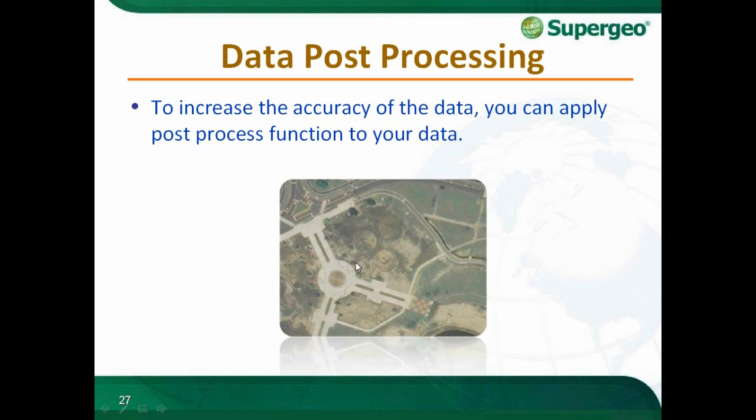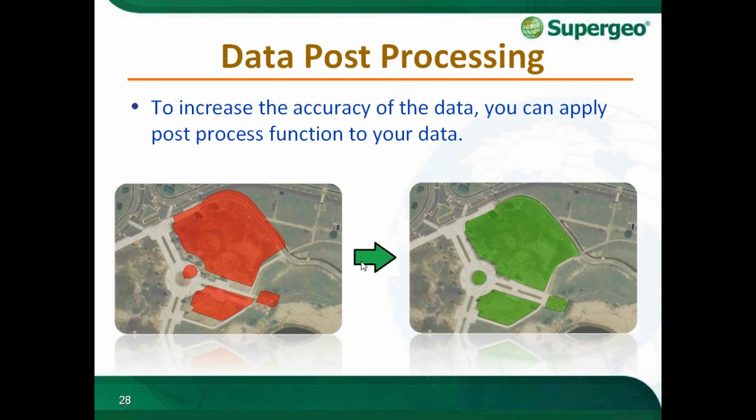For example, now we are going to collect the data here, the areas and polygons here. The figure on the right may be the result we get from the field survey. We can see that the accuracy of the data is not as high as we imagined. Now there are some arrows.